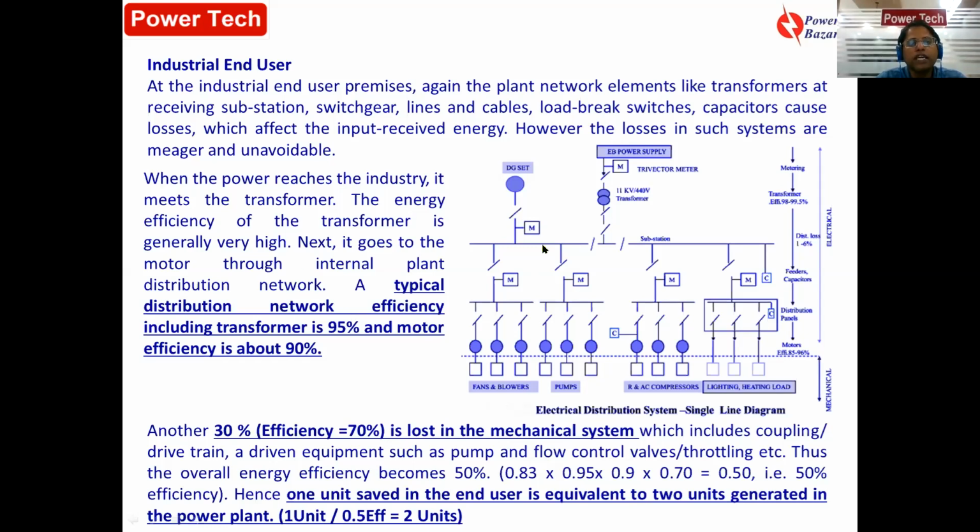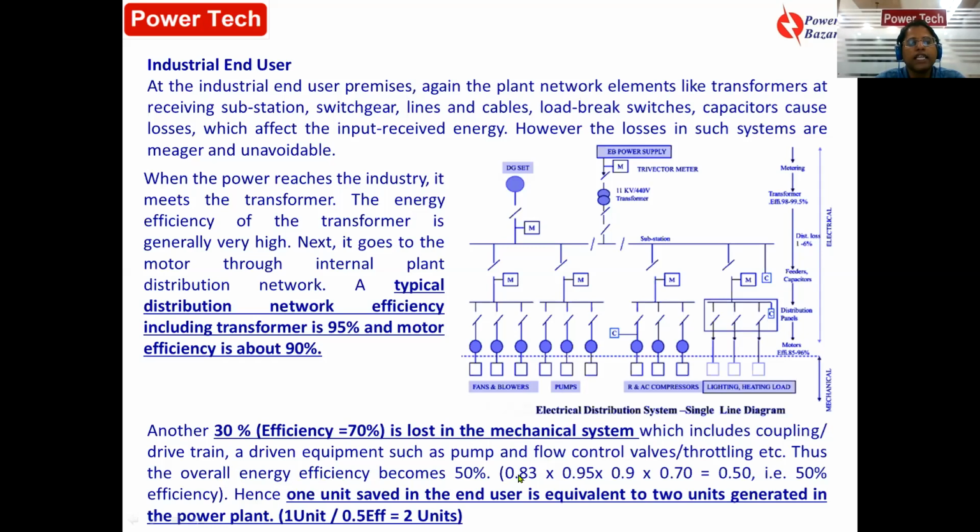Now 95% is the transformer efficiency, 90% is the motor efficiency, and the mechanical system efficiency is 70%. So if I multiply to get the cascade efficiency from T&D to the load end, I'll get this figure. From the generator end, the overall energy efficiency becomes 50%.